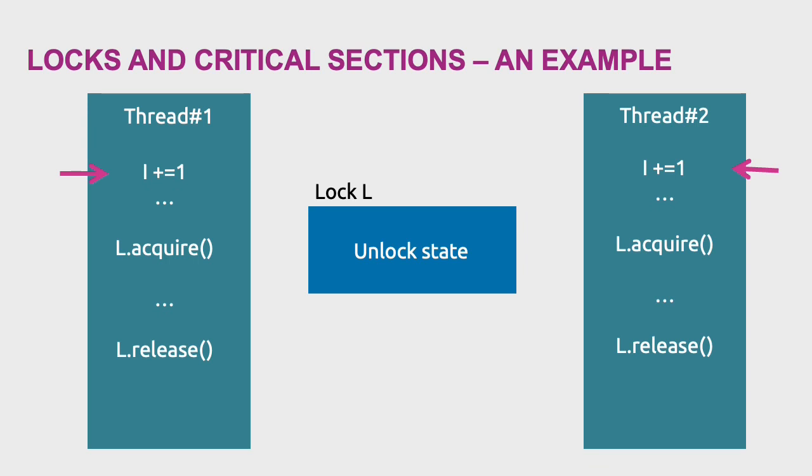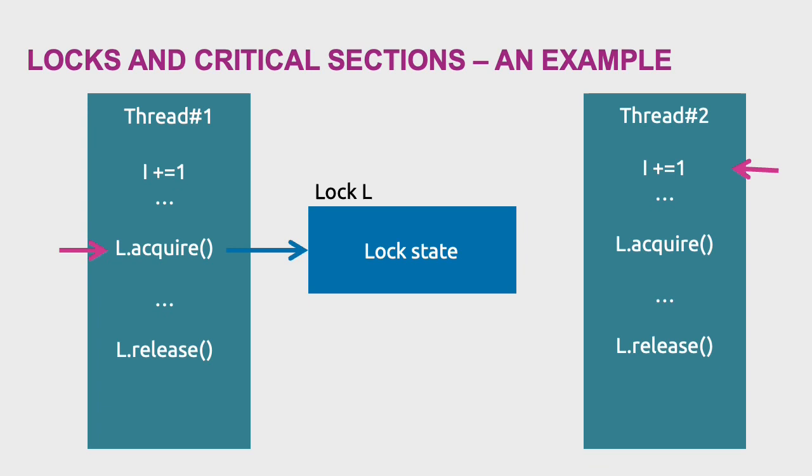Well, this is an example. Here we have a couple of threads, thread 1 and thread 2, and we have the lock L, and the lock L is in an unlocked state. So we start the execution, and the program counter of the thread is indicated with a magenta arrow.